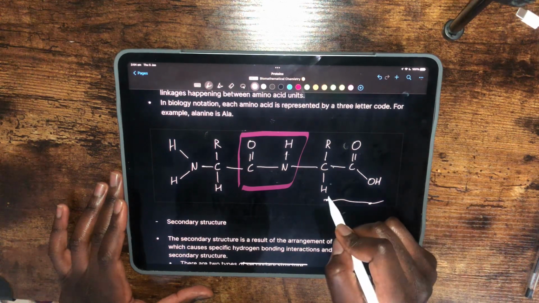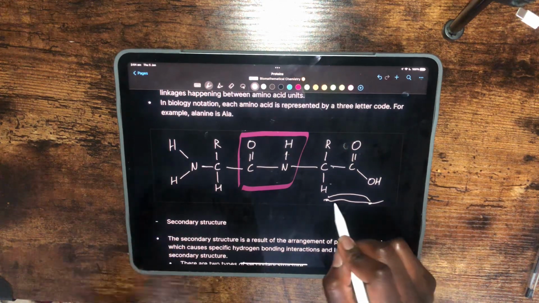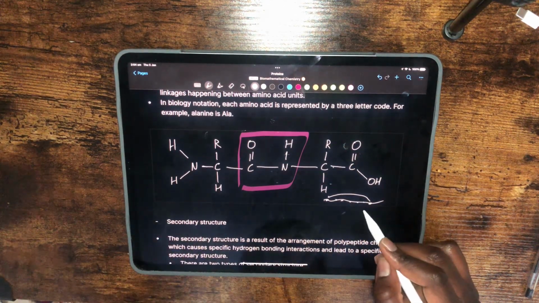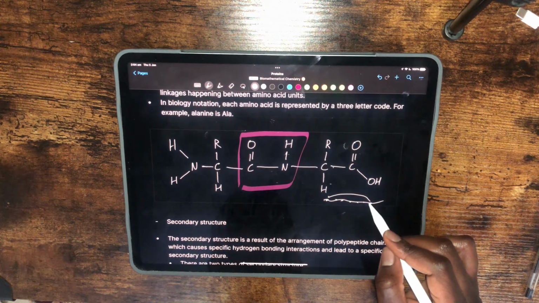There'll be attraction between here and here. So say we have many amino acids here. It could be possible that it forms hydrogen bonding with a group on this particular amino acid.